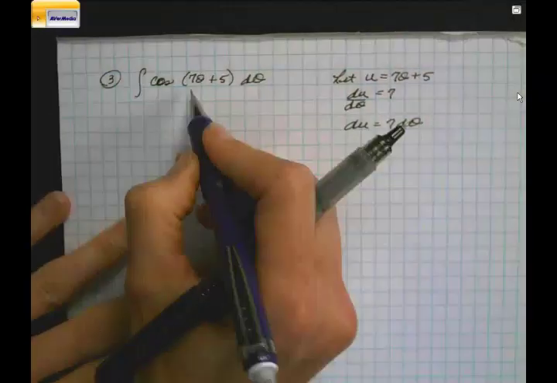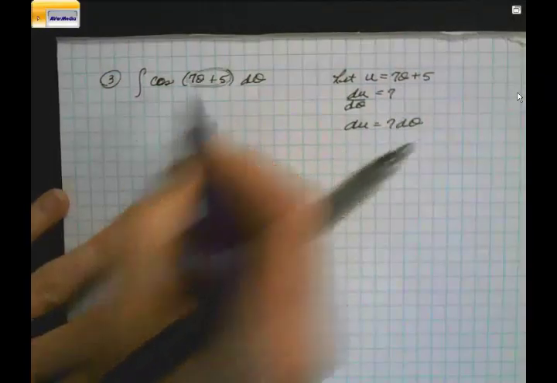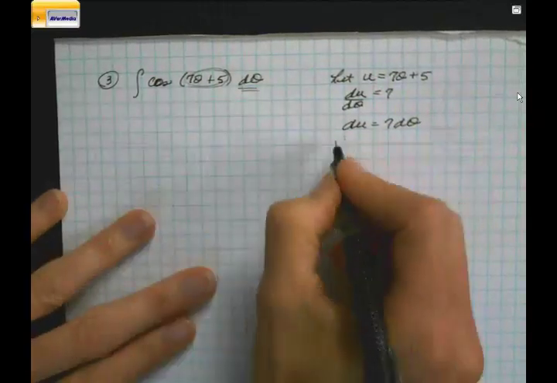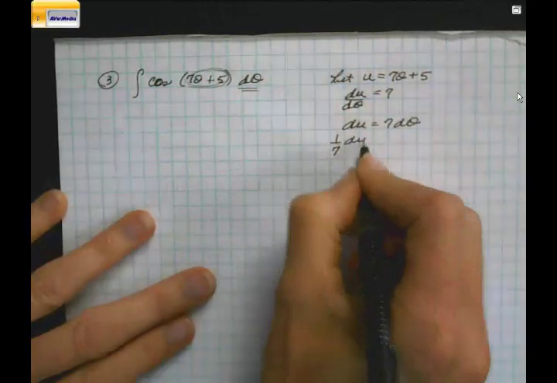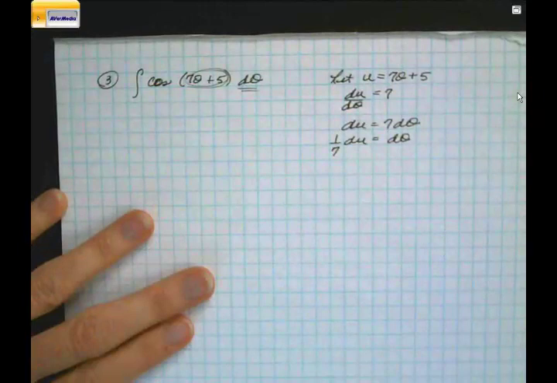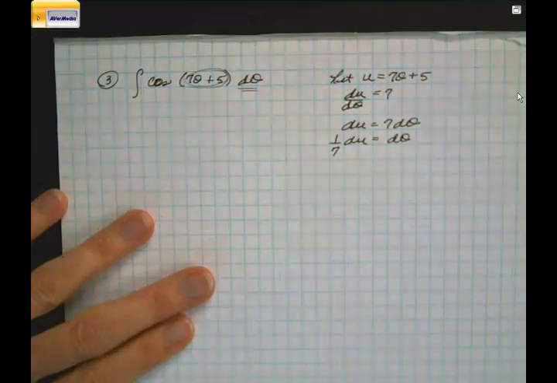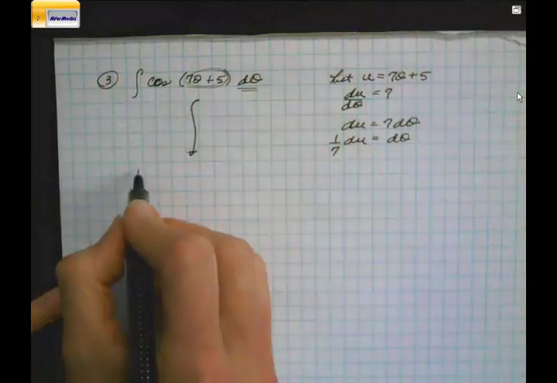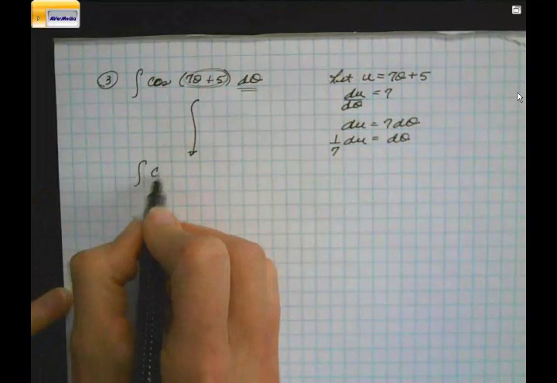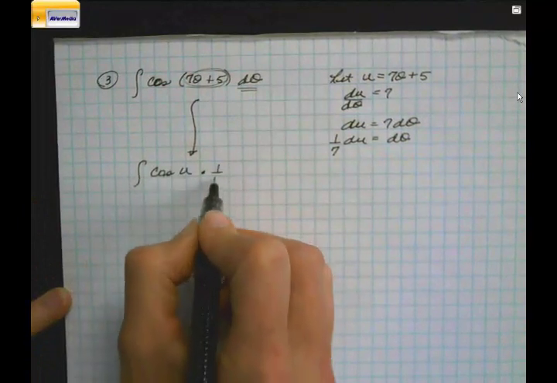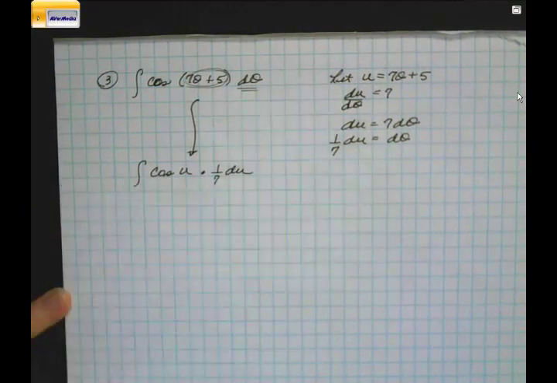Okay, well, I've got the argument replaced, so this would say cosine u. The d theta has to go. So if I solve this for d theta, it's 1/7 du equals d theta. So I can replace the d theta with 1/7 du. So this now, changing it into the variable u, becomes the indefinite integral of cosine of u, times 1/7 du.